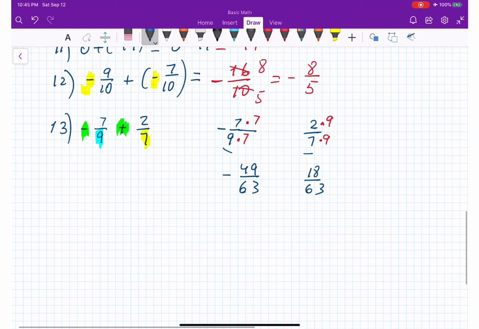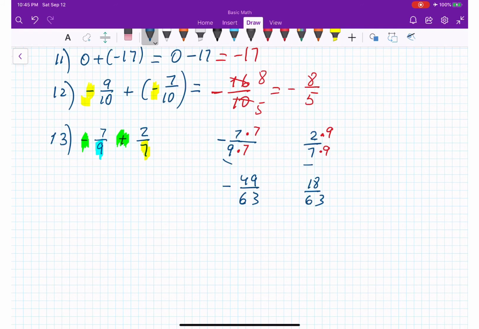Now we can subtract. Okay, so what do we get? Negative 49 over 63 plus 18 over 63. We have the same denominator, right? So we said when signs are different, we need to subtract, period.